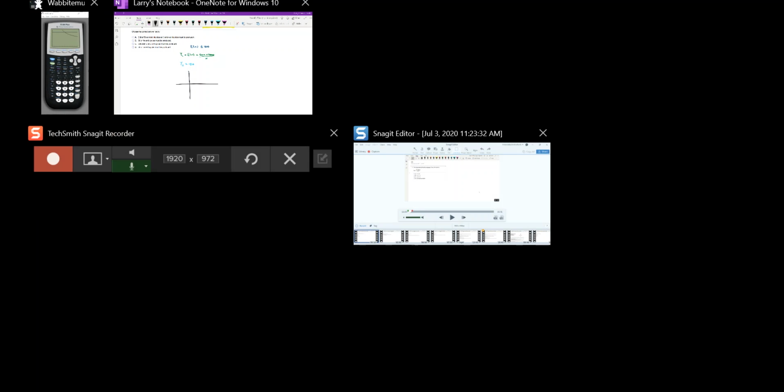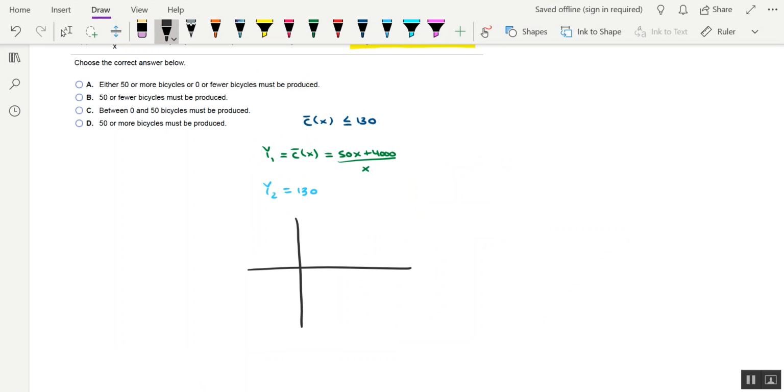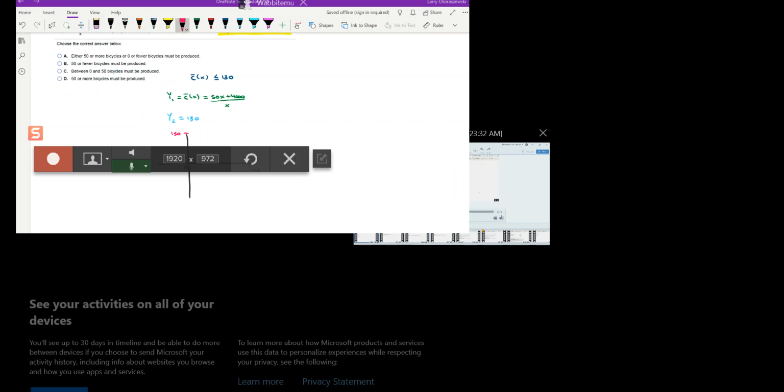Let's go ahead and sketch this out in our coordinate plane, keeping in mind some of the window adjustments. The x min and y min were 0. The x max was 100. The y max was 150. Now y1 is this curve, so I'll include that in my diagram.